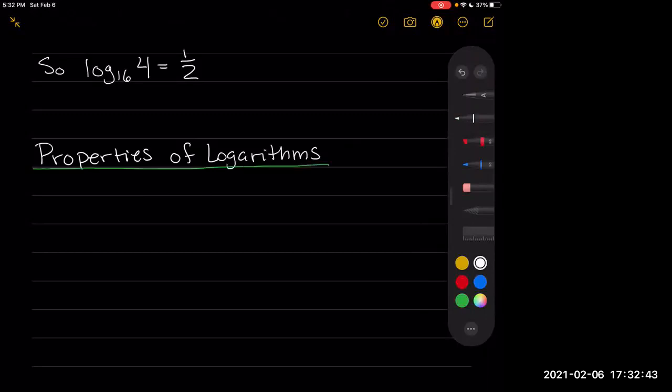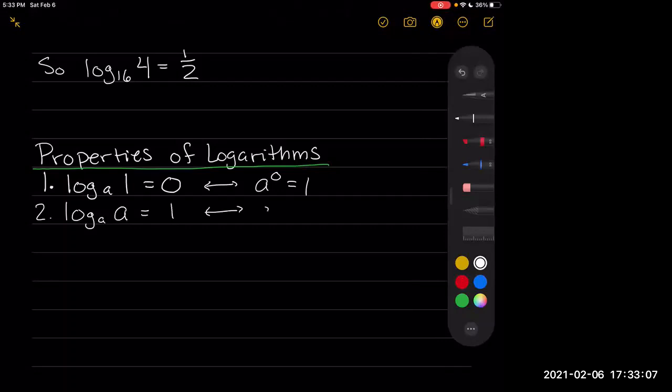So first, log base a of 1 equals 0. And that is because a to the 0 equals 1. And then log base a of a equals 1. And that's because a to the first power equals a.